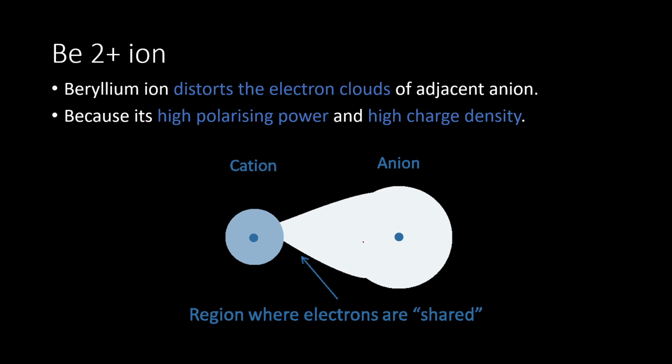What is distort? Distort actually means attract. It can attract the electron cloud of the anion easily because it has high charge density. As we learned since primary school, when the electrons are distorted, they form a region where the electrons are shared. This region shows that beryllium has a covalent character. So that's what that means.